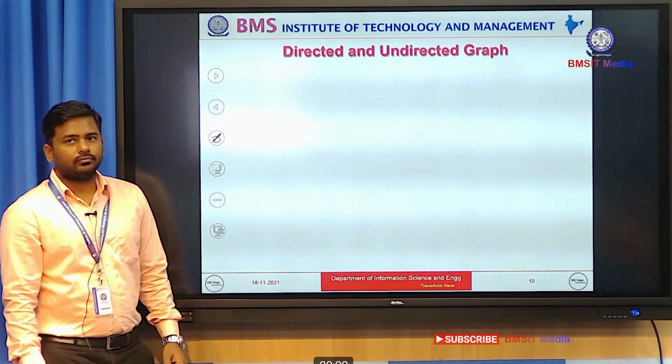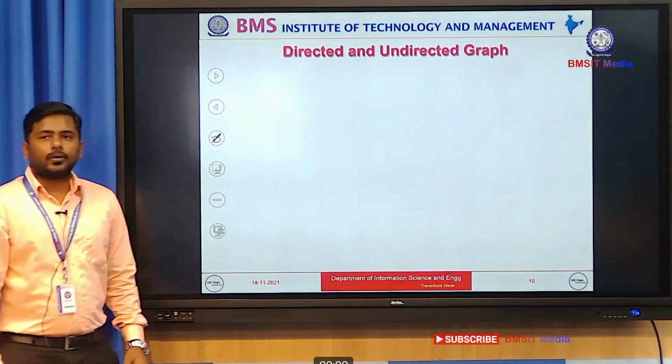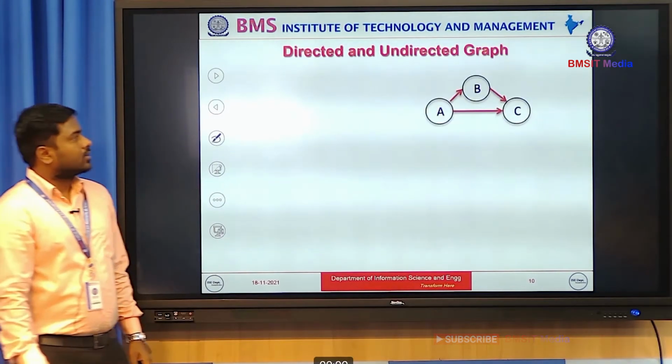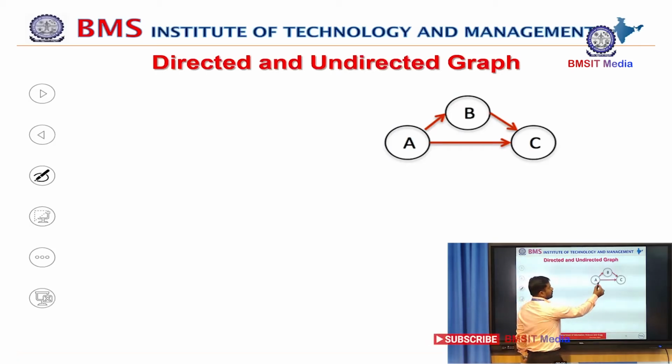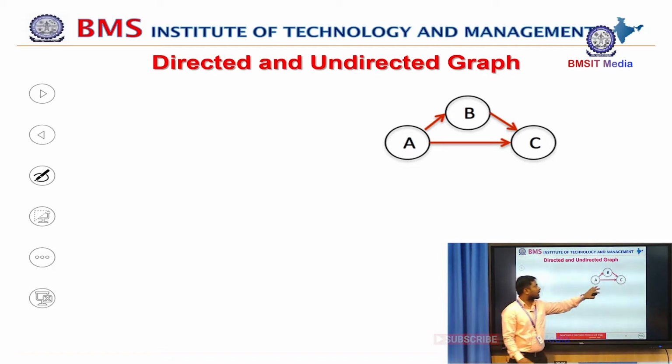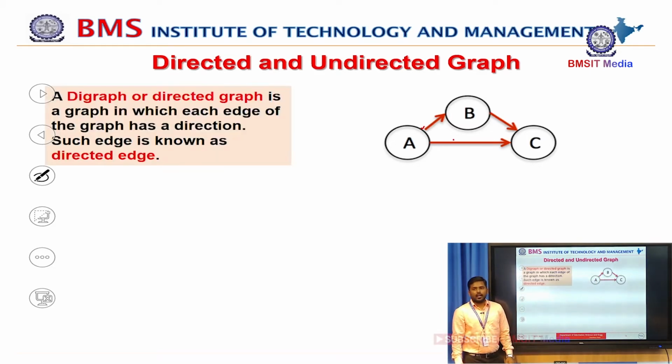Next we will discuss directed and undirected graphs. You can see in this figure that the edges have direction. If the edges have a direction, the graph that consists of edges with direction we call a digraph or a directed graph.